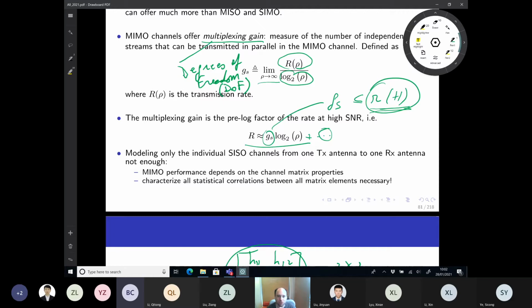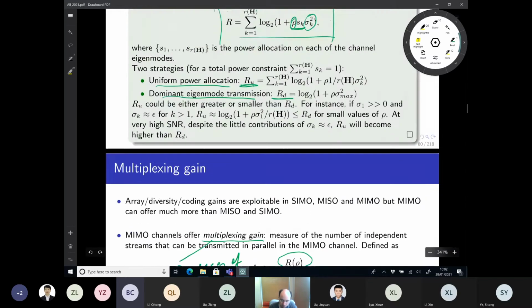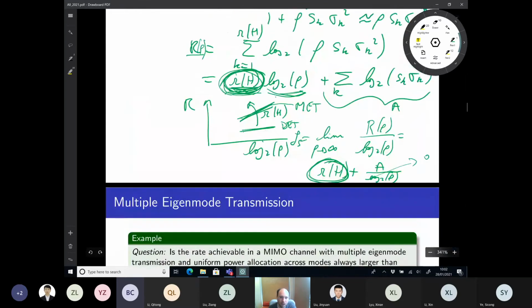You will see here you have no interference, but later on when we do the MIMO case without knowledge of the channels, we're still going to have a rate equal to something multiplied by log2. So you're still going to have a scaling factor proportional to something, and we can still call it multiplexing gain, right?